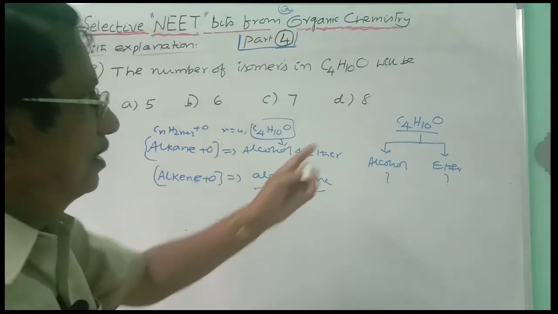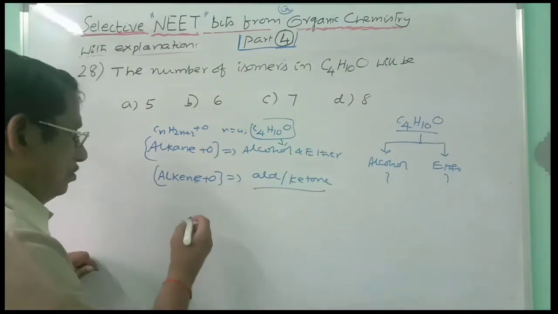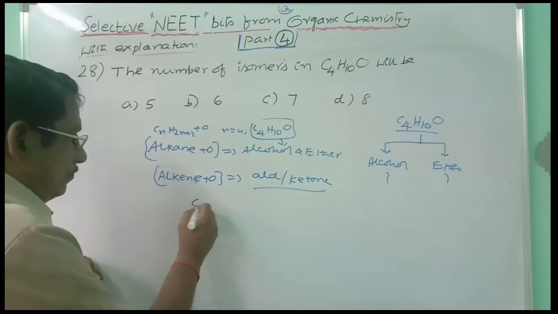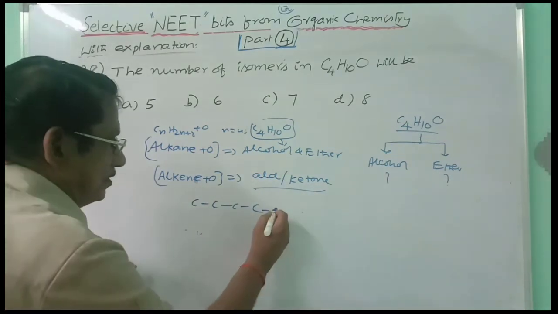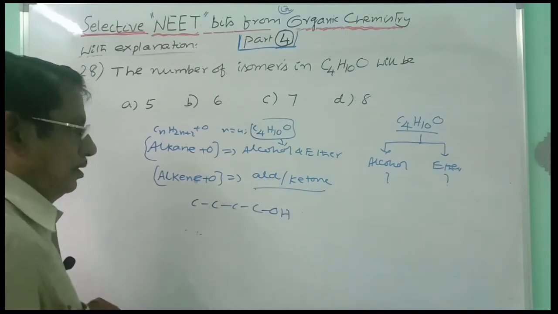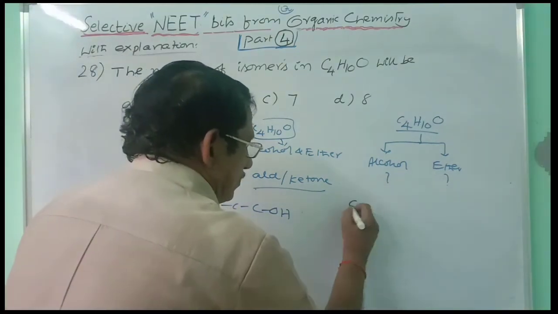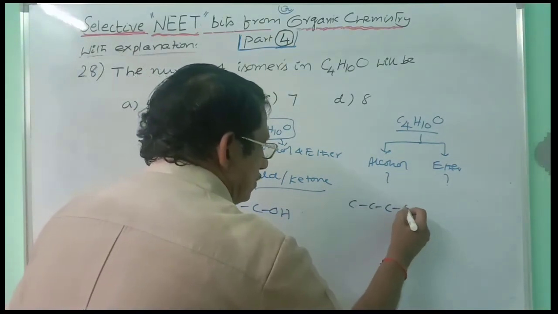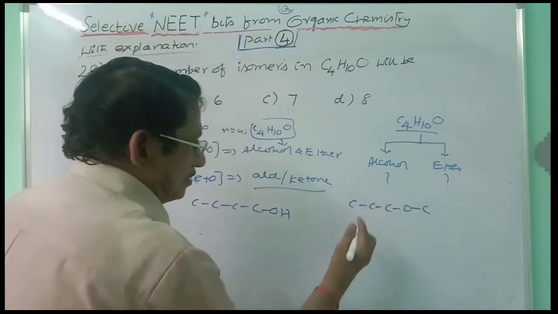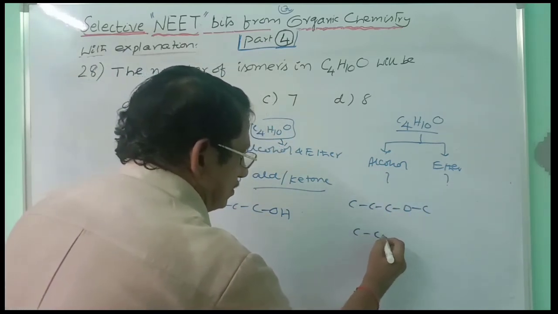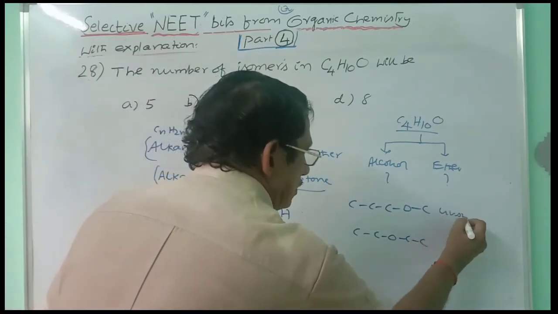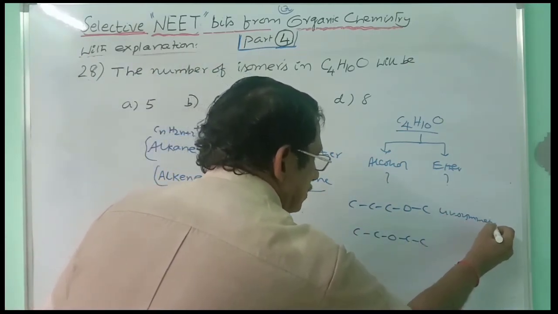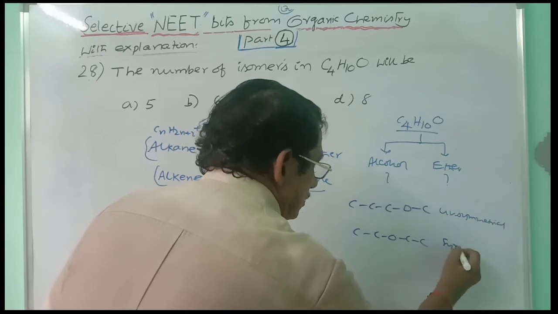Here, in the case of C4H10O, you have to take 4 carbons like this, to which alcohol group is attached. Or, in the case of ether, you can take OC like this, unsymmetrical ether, or CCOCC, symmetrical ether. This is unsymmetrical ether. This is symmetrical ether.